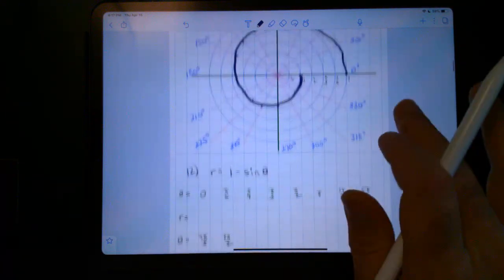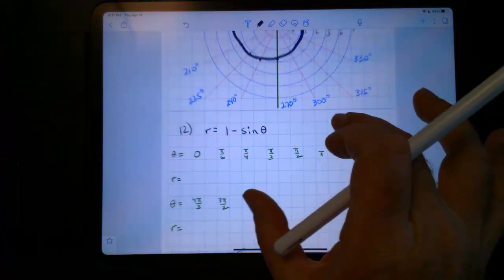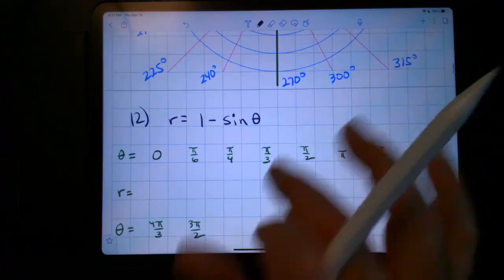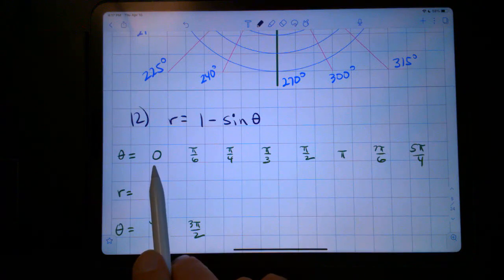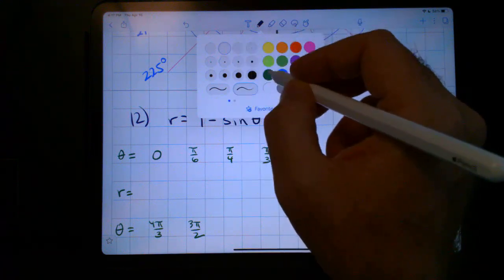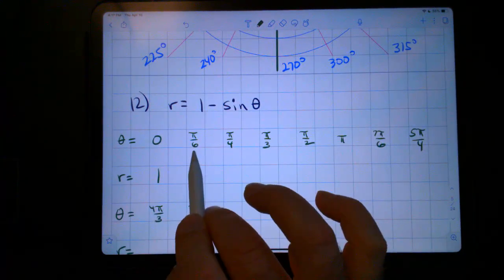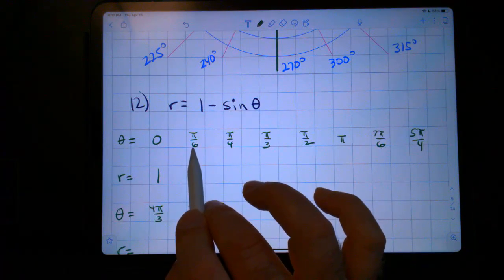Hello. Okay, so here I will graph r equals 1 minus sine theta. When theta is 0, sine of 0 is 0, and 1 minus 0 is 1. And then when theta is pi over 6, sine is 1/2.